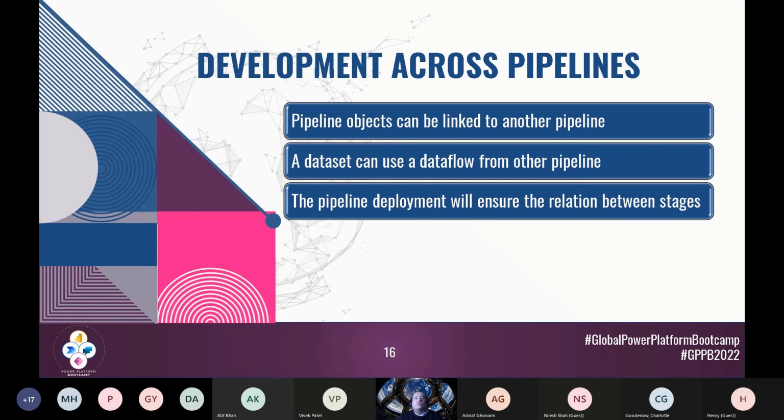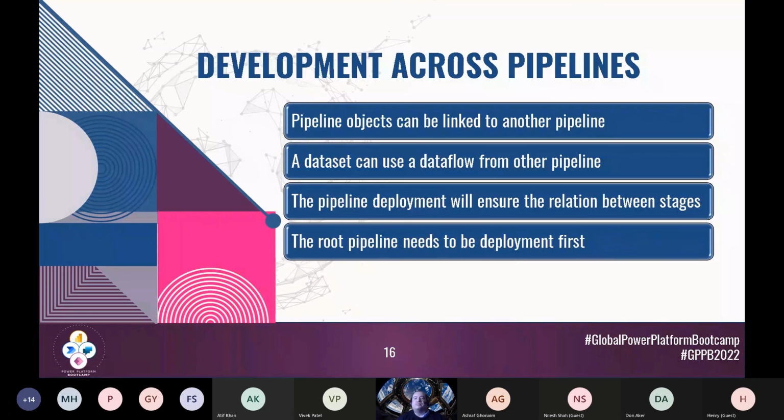So when the dataset is deployed to the test stage, it will be linked to the dataflow on the test stage, and so on. So there will be a link between the stages.